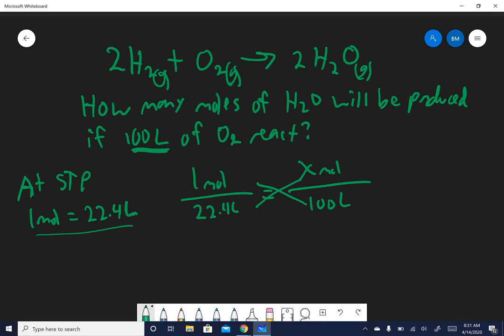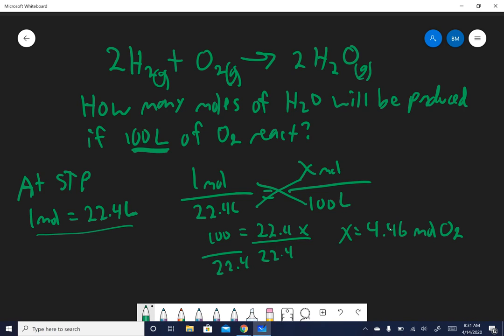We cross multiply, and it's going to be 100 equals 22.4x, divided by 22.4 on both sides, and we get 100 divided by 22.4, and x is equal, I'll keep 3 sig figs, 4.46 moles of O2. So these problems are more involved because you have to do all this first.